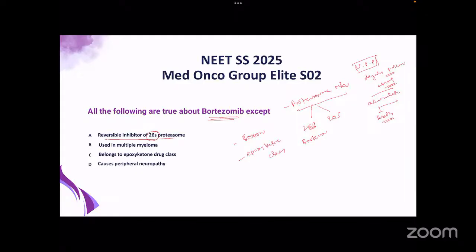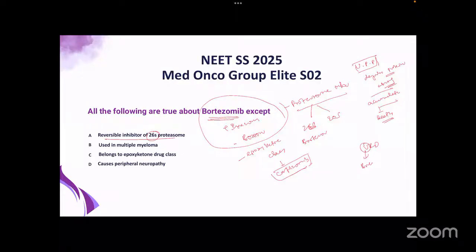Bortezomib and ixazomib are the boron class, and the epoxy ketone class is carfilzomib. In myeloma, we usually use bortezomib. When you say VRD, V is Velcade, that's a brand name. That's bortezomib. This is the first line of treatment in all patients with myeloma. When somebody progresses on bortezomib, we use carfilzomib as a second line.